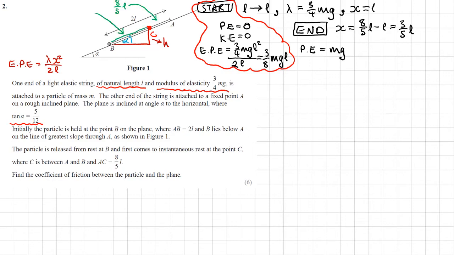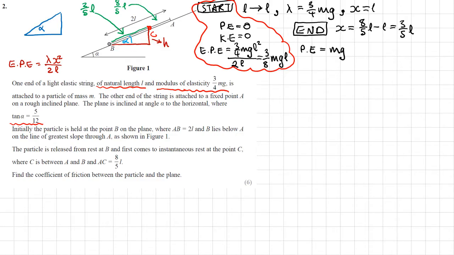Now you'll remember that we were told that the distance between A and C is 8/5L, which means that this distance is going to be 2 minus 8/5L, and that's 2/5L. So that's the distance of my hypotenuse in this triangle here.